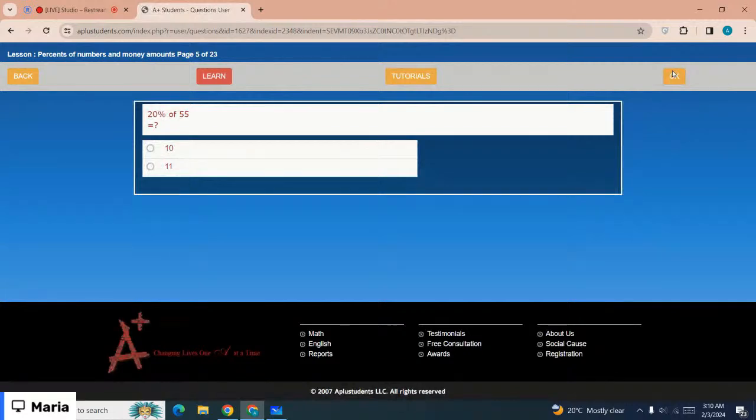So 20% of 55 is... yes, the correct option is 11. 20% of 55 is 11. The correct option is 11.